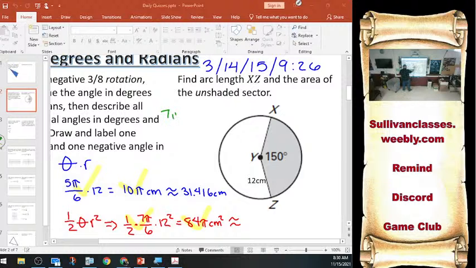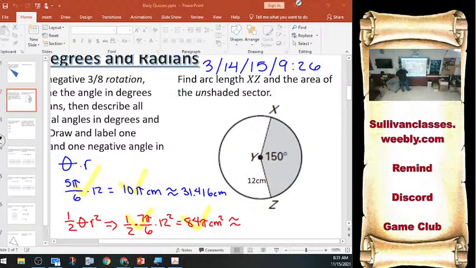But I'm confused. 7 pi times 12 squared, 2 times 6. 7 times 12 is 84. How come when I put that in my calculator, I got 42? Okay, you know what? I'm just going to ignore it and think that I'm wrong. Because I am.